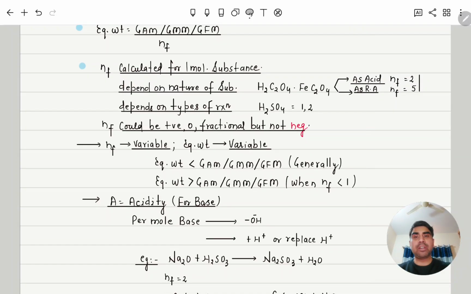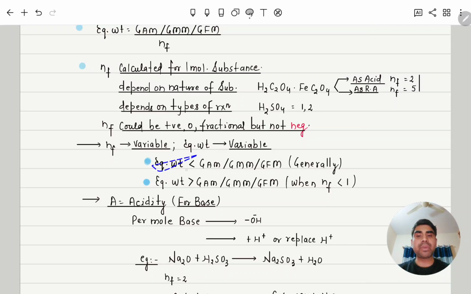Next point, equivalent weight could be greater than or less than the gram atomic mass or gram molecular mass or gram formula mass. Suppose the n factor is fractional, meaning it is something like 2 by 3, less than 1, then the equivalent mass will be greater than the gram atomic mass or gram formula mass or gram molecular mass.